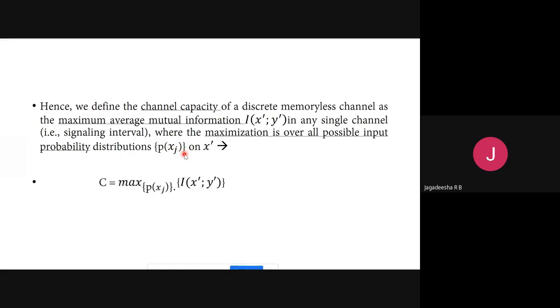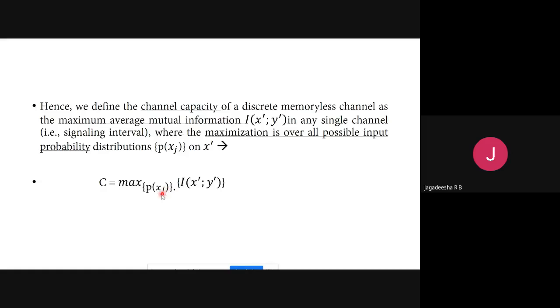So what's the meaning of that? Capacity here is equal to the maximum of mutual informations, where this mutual information is computed for every instance of the input probability distribution p(xj).